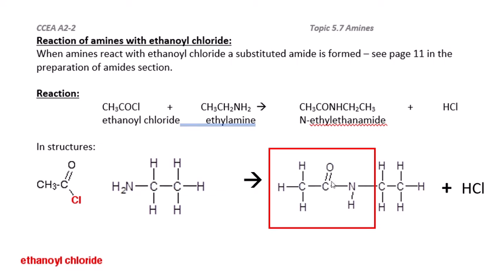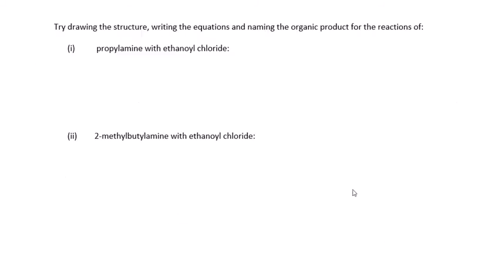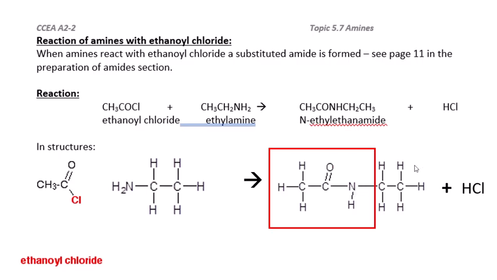So to name this, we base it on the fact that this is ethanamide. And then on the nitrogen of ethanamide, we've got an ethyl group. So therefore the name becomes N-ethyl ethanamide: on the nitrogen there's an ethyl group, and then that molecule is ethanamide.